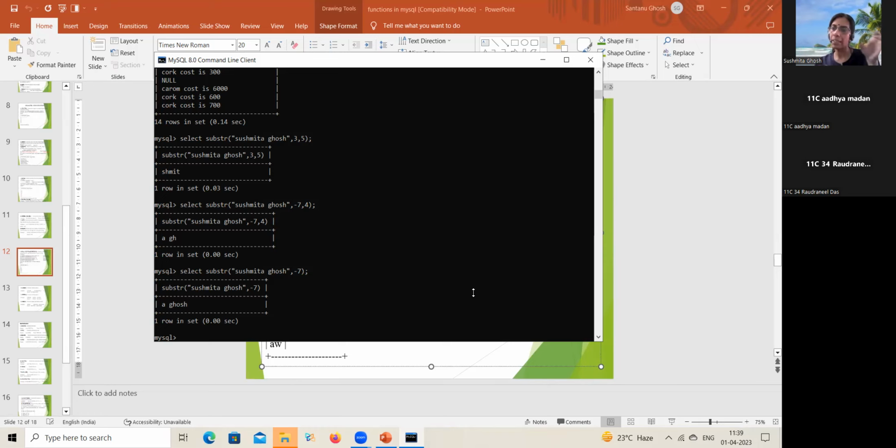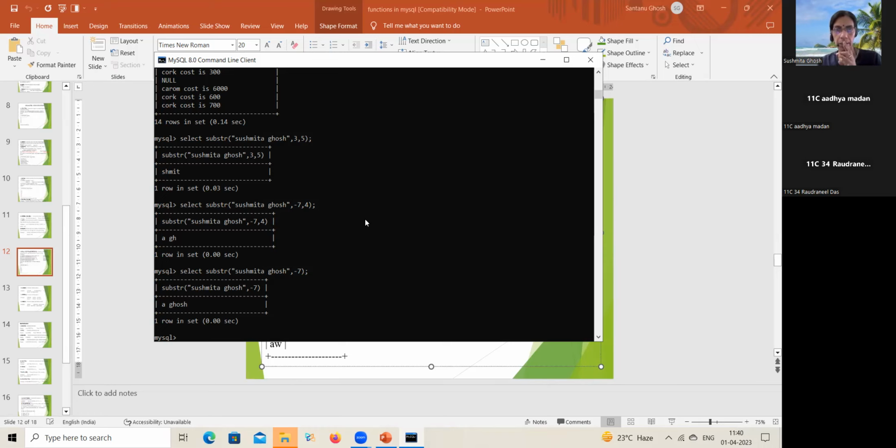Left extracts from the leftmost position, right extracts from the rightmost position; that is set. Where to count from is set. But in the case of substring, it is dynamic. From where you want to start your extraction, that you may mention. That is the working of the substring function.